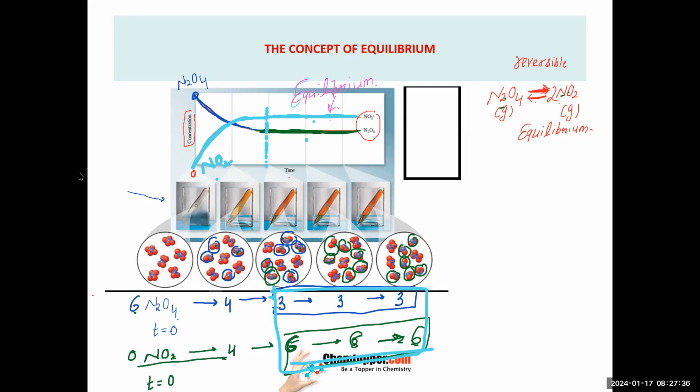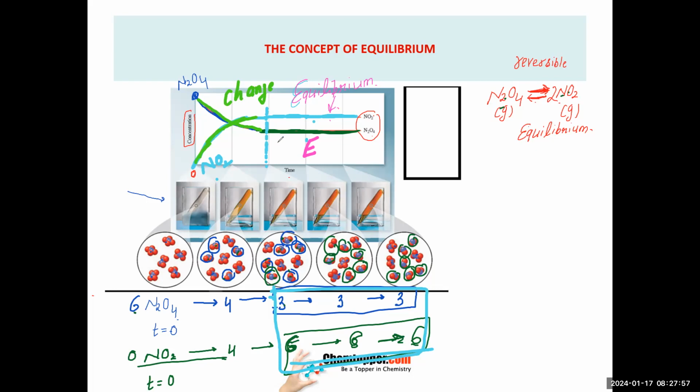I'm going to represent it with E, equilibrium state, E. But what is this part? Is this equilibrium? No. This one? No. This is called change. Things are changing, right?